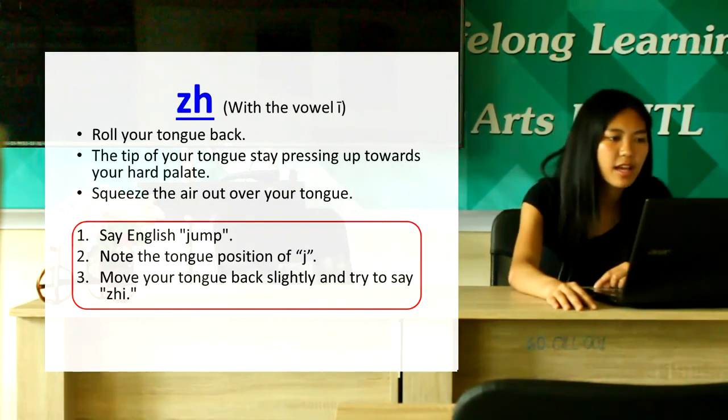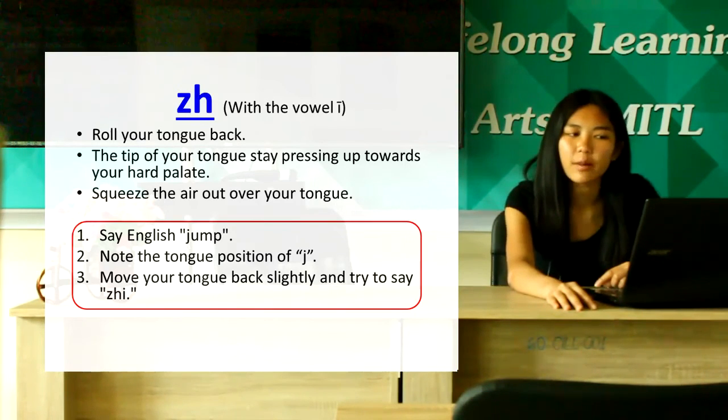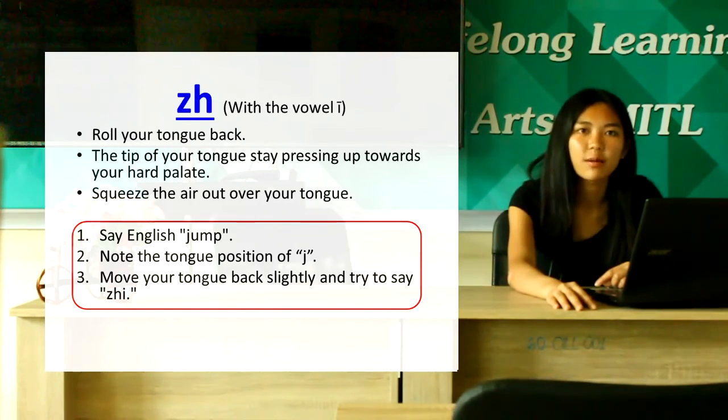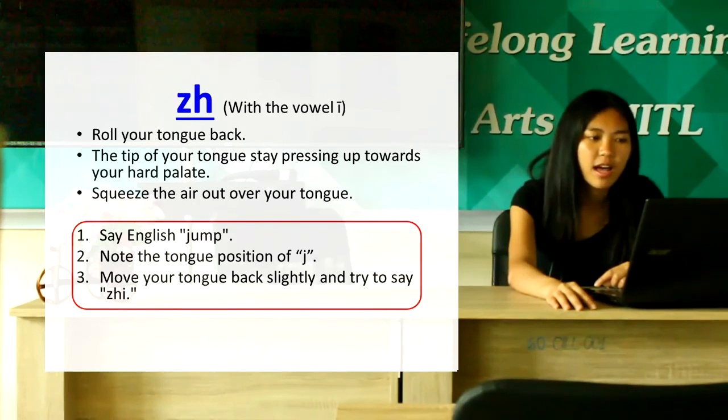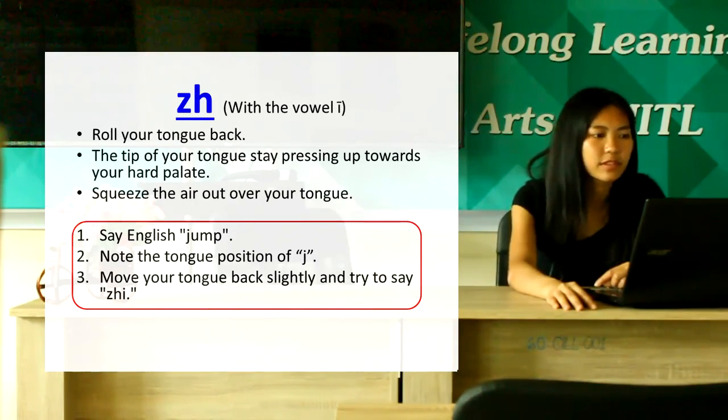You can say the English word jump a couple of times. Jump, jump, jump. And then isolate the J by saying it alone. Note the tongue position. Now move your tongue back slightly and try to say the Chinese zhi. So first we'll say jump, and then move your tongue a little bit backward. Zhi. You might get the sound.